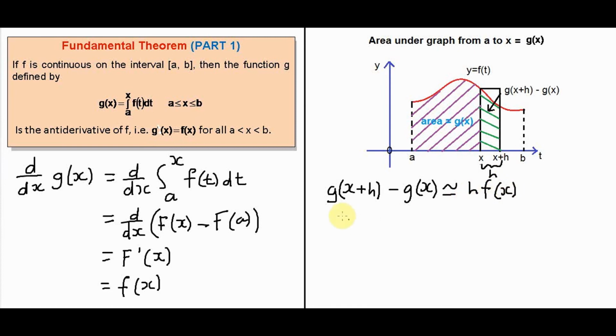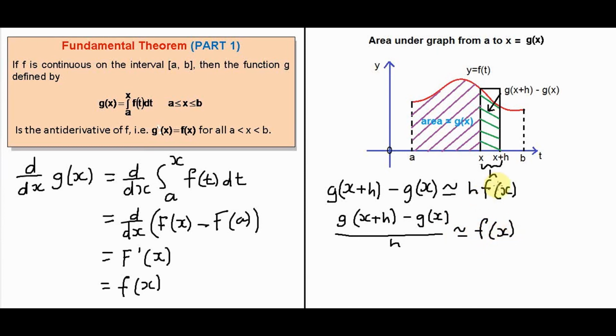We divide by h on the left hand side, so then g of x plus h minus g of x all divided by h will be approximately equal to f of x.